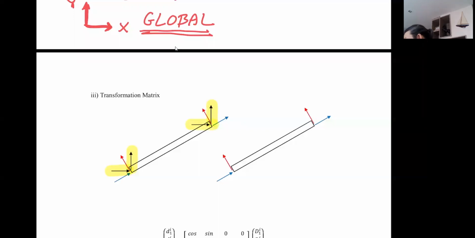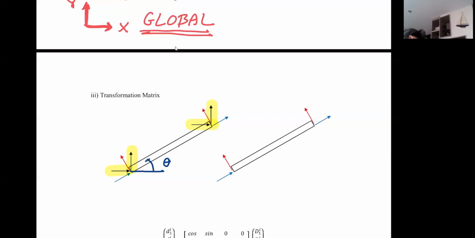We need to find a way to bring the local coordinate system into the global ones. Are you still with me? Yes. Good. Now from this, we can identify the orientation by, of course, the trigonometry. So this will give us the orientation of the member comparing to the global coordinate system of the structure.